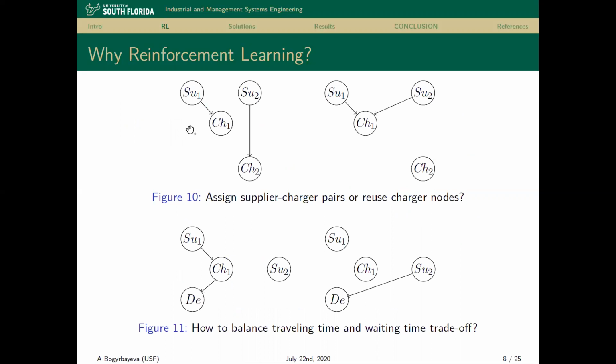For instance, imagine the case when we have 2 suppliers and 2 charger nodes, and we need to somehow route the shuttle. Are we going to assign each EV to a charging station, or are we going to allow reusing the shuttle as a charging station again and again? Another main trade-off in this problem is the waiting time versus the traveling time.